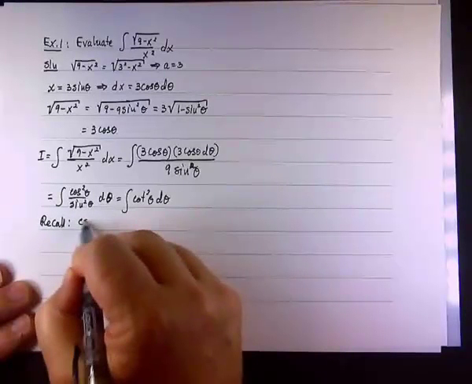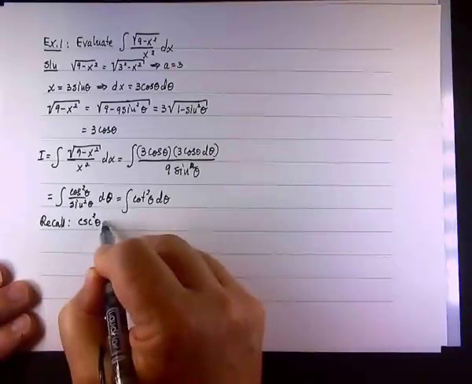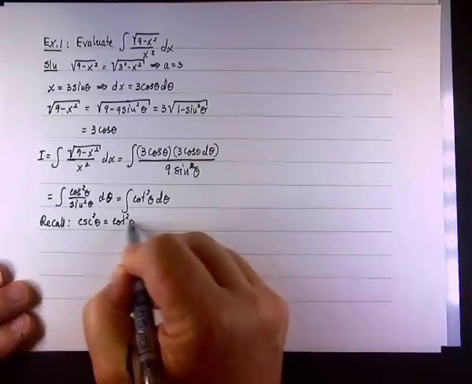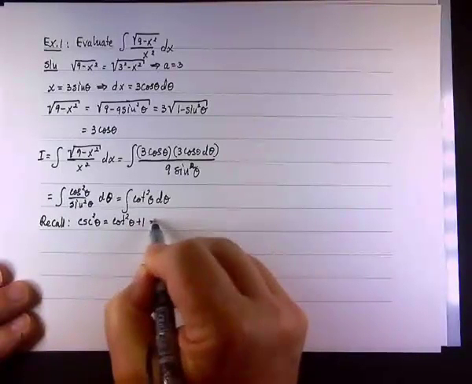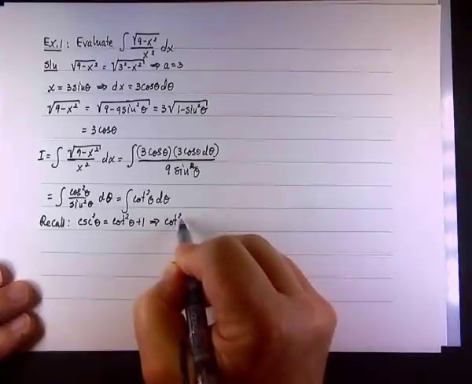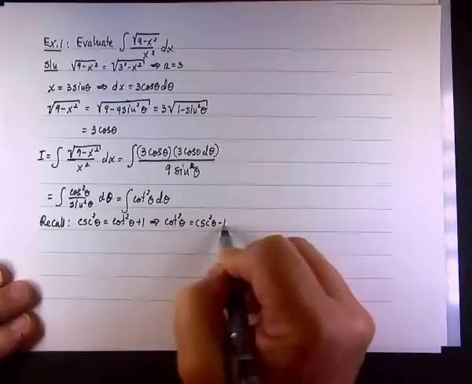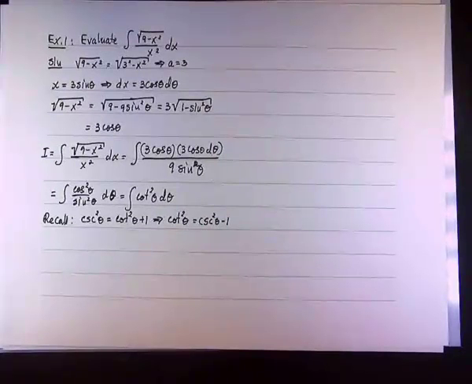Let's recall that the cosecant squared of theta is cotangent squared theta plus 1. So cotangent squared theta is cosecant squared minus 1. This is a very useful substitution. Remember, we did it with the tangent squared.